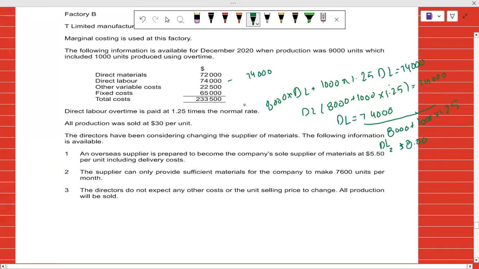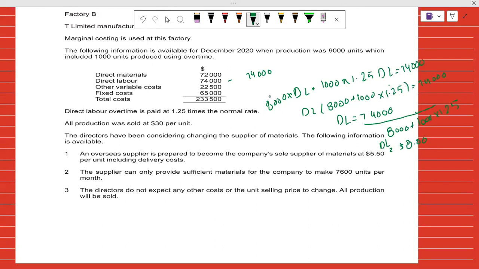Okay, so we know that in this statement you can see the following information. The following information is available for December 2020, when production was 9,000 units, which included 1,000 units produced using overtime.